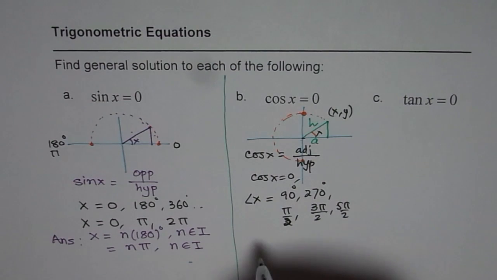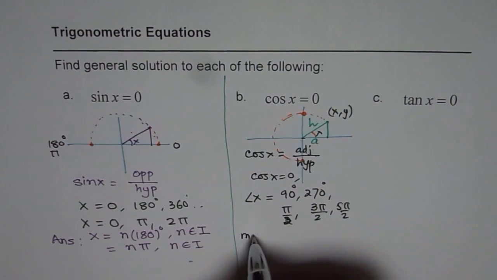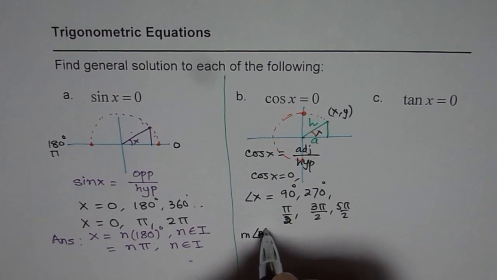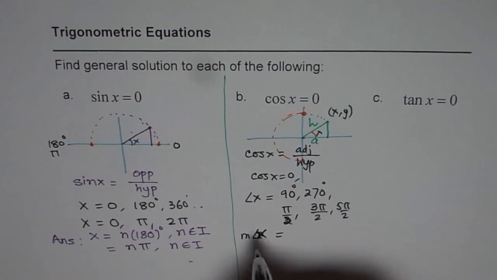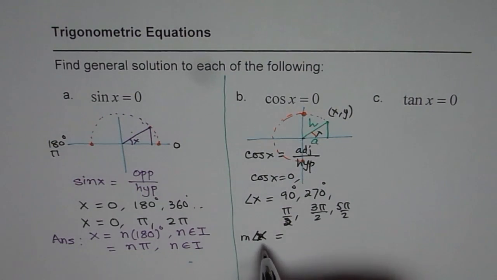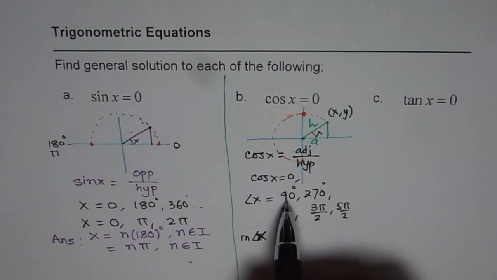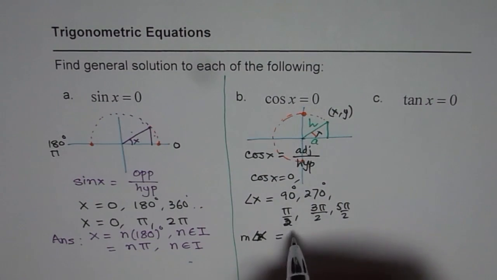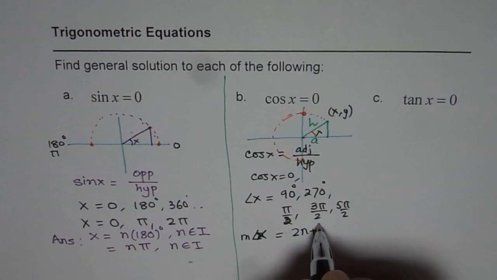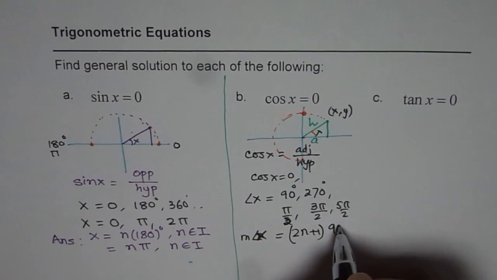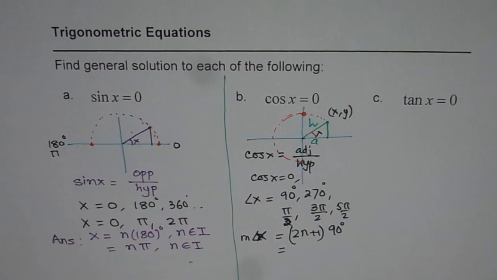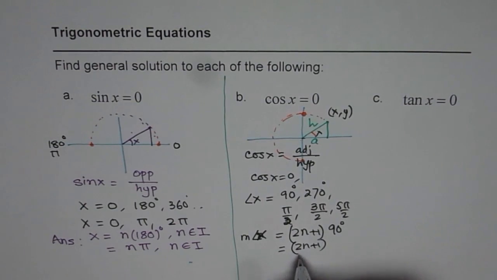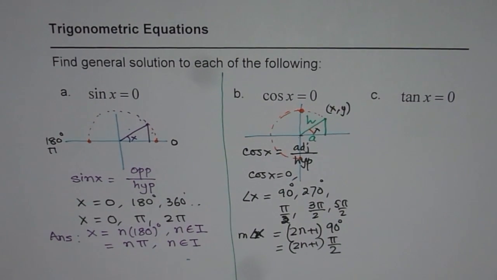So in general, we can say that the measurement of angle x, so I'm using different terminologies here so that it helps all of you, could be odd multiples of 90 degrees, which I could write as (2n plus 1) times 90 degrees, or I could write this as (2n plus 1) pi by 2 in radians, right? So that is how we can provide the answer for this particular question.